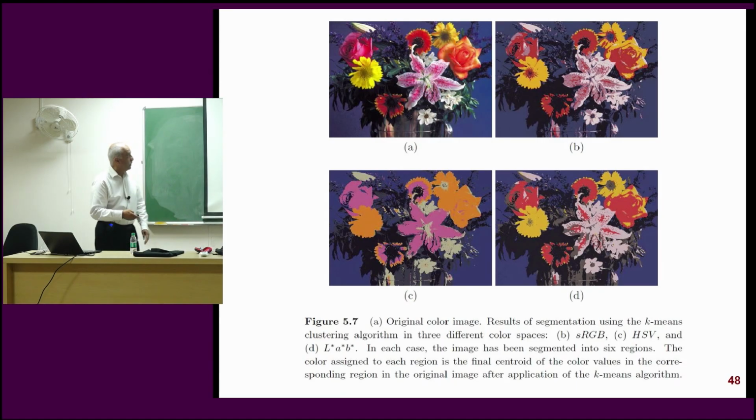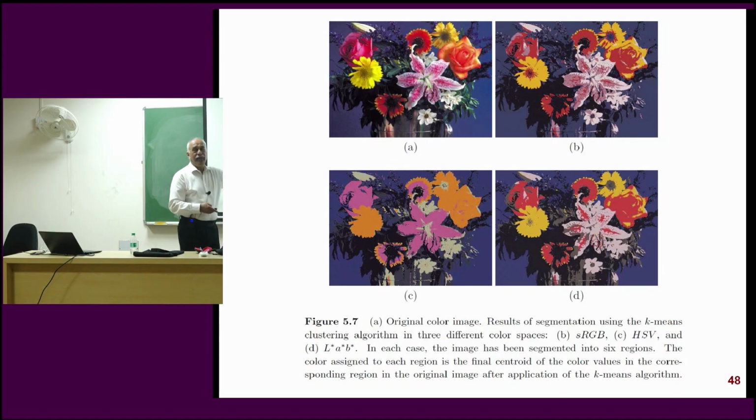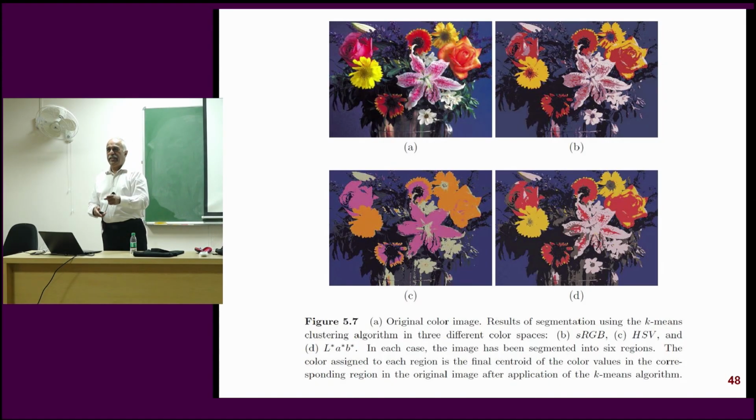So the observation is that depending on the color representation space that you use, RGB, sRGB, XYZ, or LAB, LUV, you may get different results. Which one is the best? You analyze and check, and LAB and LUV are supposed to be the best in terms of agreement with the human visual system.